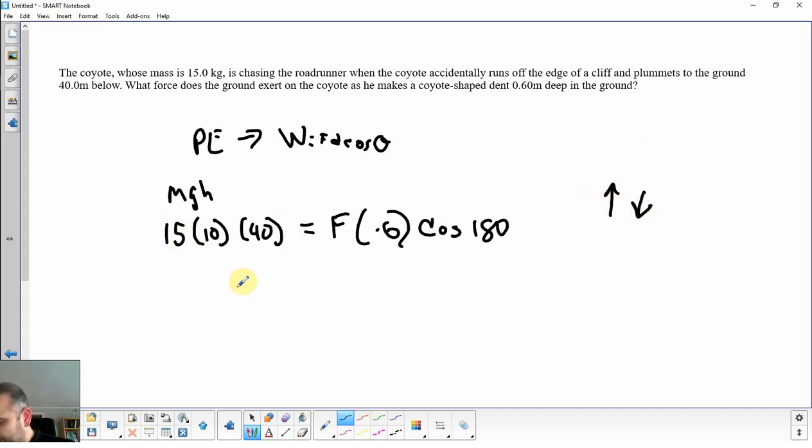So 15 times 10 times 40 equals 6,000, which equals F times 0.6 cosine 180, and that's going to be negative 0.6.